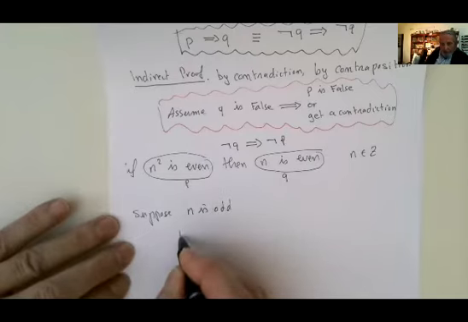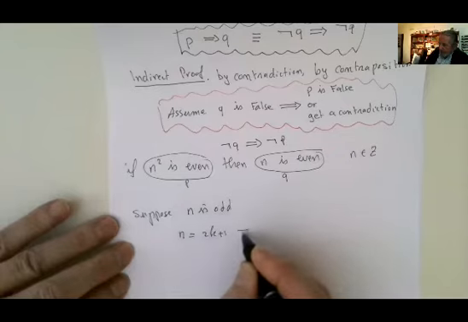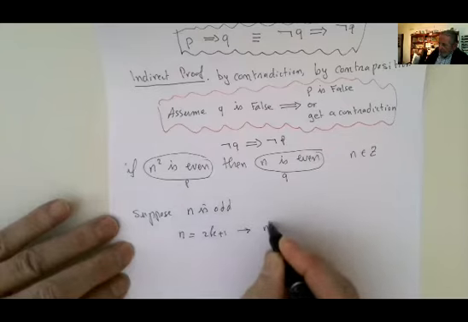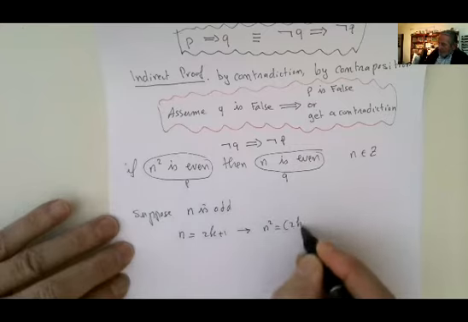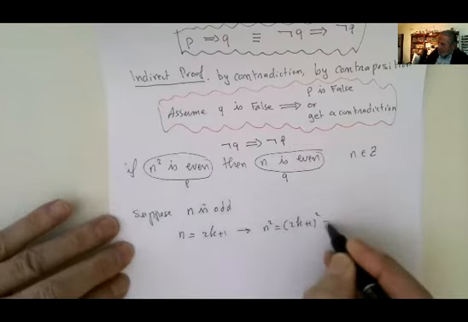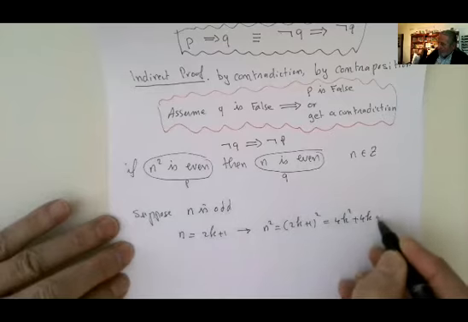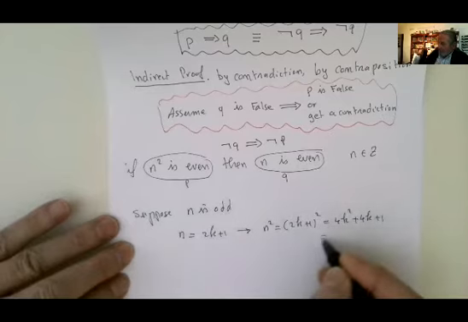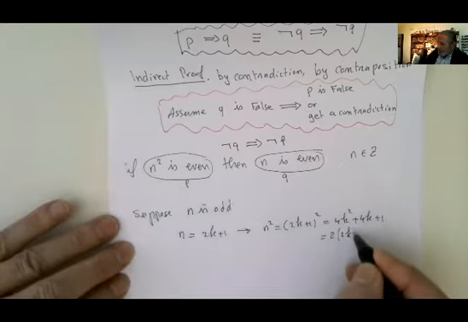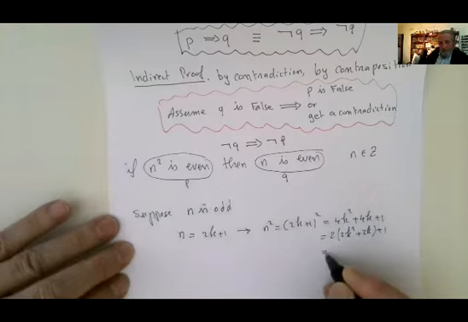Then you can write n is equal to 2k plus 1, which gives you n squared equals (2k plus 1) squared, equals 4k squared plus 4k plus 1, equals 2(2k squared plus 2k) plus 1, equals 2l plus 1, which is odd.